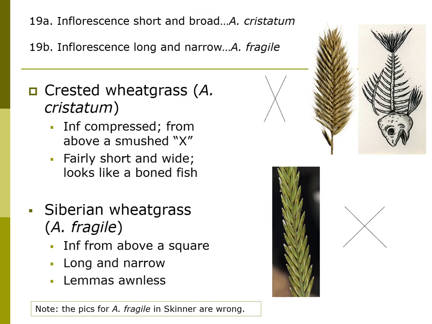Crested wheatgrass has a shorter, broader inflorescence to it, and if you looked at it from the top down, it would be kind of a flattened X like you see there, and to me they look like a filleted fish, the bones remaining. Siberian wheatgrass is much longer and narrower. The florets don't have awns on them, so they're not quite as spiky looking. And if you looked at it from the top down, it would be much more square, the X in cross section.